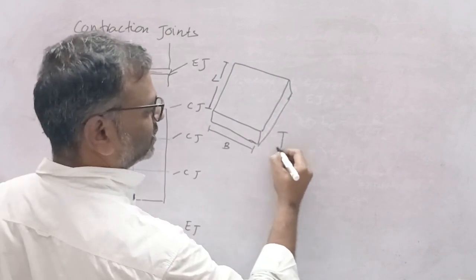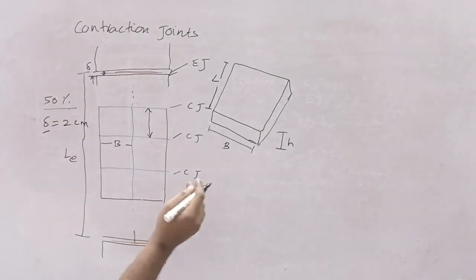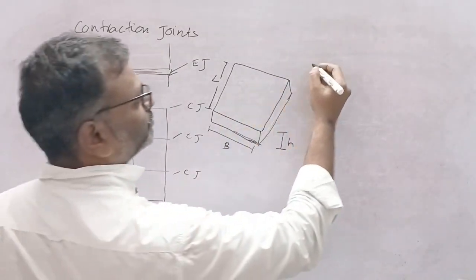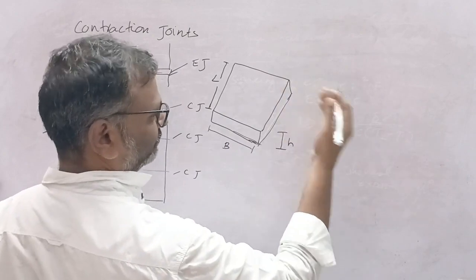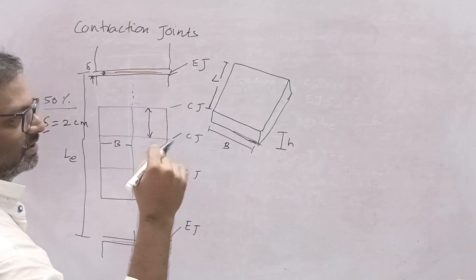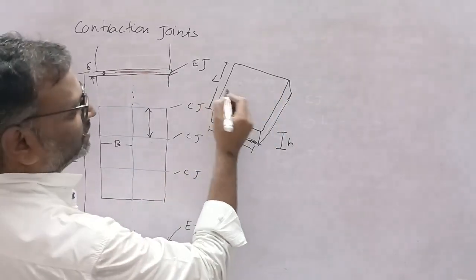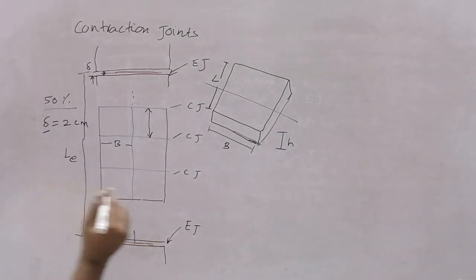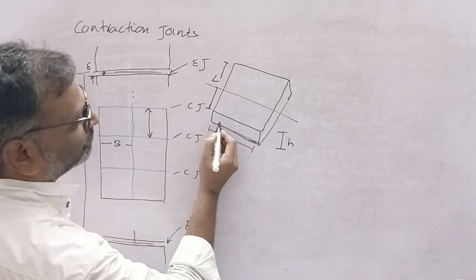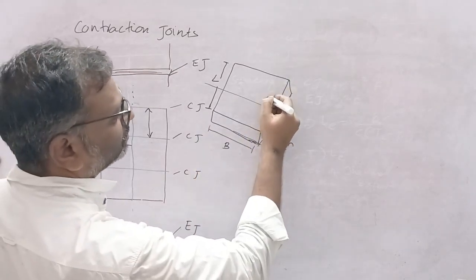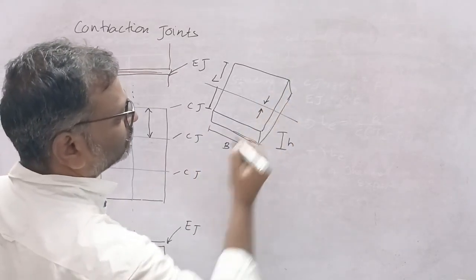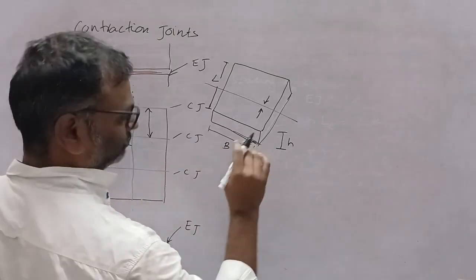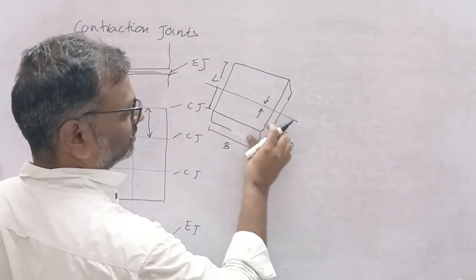And we know H is the height of the concrete slab. Now what happens is the construction temperature is different, and as the temperature decreases, the slab tries to contract, right? The slab tries to contract. And that contraction is counteracted by the self weight.